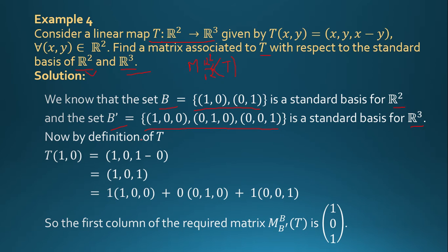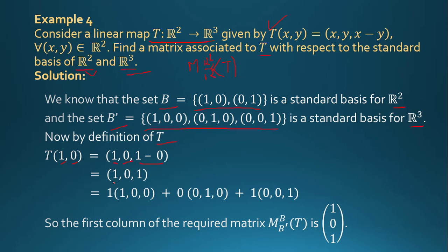Now the definition of the linear map: T of (x, y) is equal to (x, y, x minus y). So x is equal to 1 and y is equal to 0. So T of (x, y) is x equal to 1, y equal to 0, x minus y equal to 1 minus 0. So (1, 0, 1).